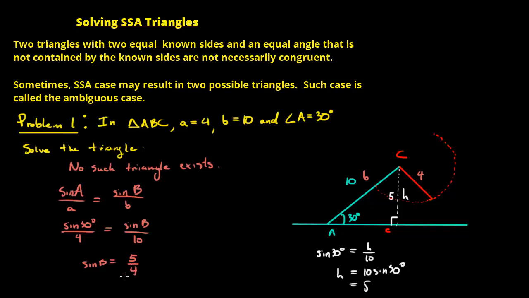Now, there's something that should set off an alarm here. I know that the sine of an angle theta is equal to y over r. Now remember that y is always on the unit circle, on a circle that's centered about the origin.